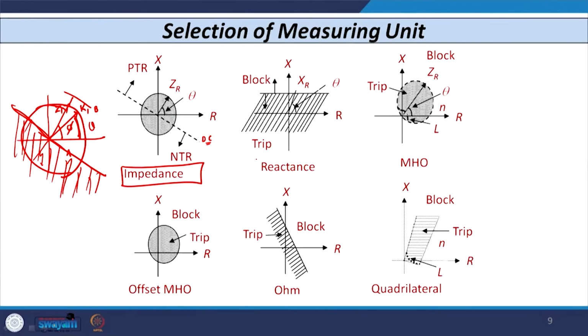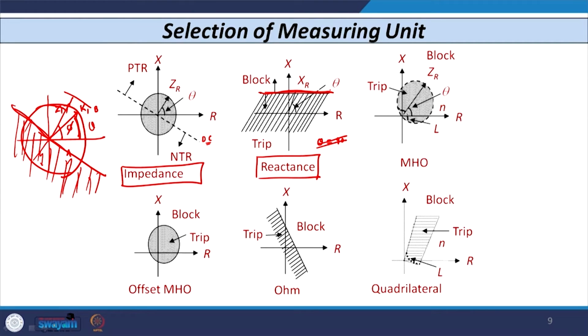You can look at here the characteristic of the reactance relay. The characteristic angle theta is 90 degrees in this case. Any value below this line, the relay operates, and any value above this line, the relay blocks.